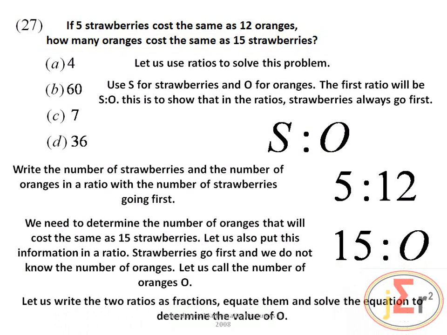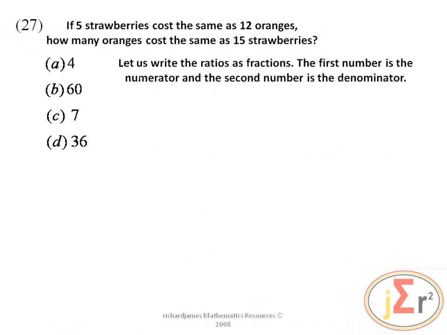Let us write the two ratios as fractions, equate them, and solve the equation to determine the value of O. So let us write the ratios as fractions first. Writing the ratios as fractions, the first number is the numerator and the second number is the denominator.